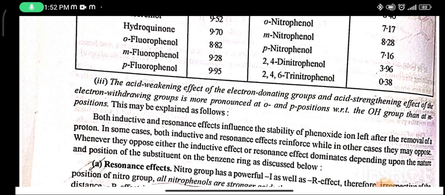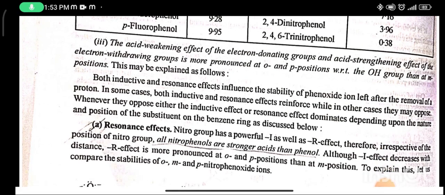Both inductive and resonance effects influence the stability of the phenoxide ion left after removal of a proton. In some cases, both inductive and resonance effects reinforce, while in other cases they may oppose. Whenever they oppose, either the inductive effect or the resonance effect dominates, depending upon the nature and position of the substituent on the benzene ring, as discussed below.